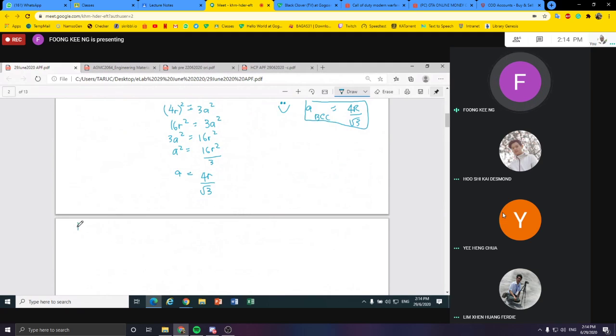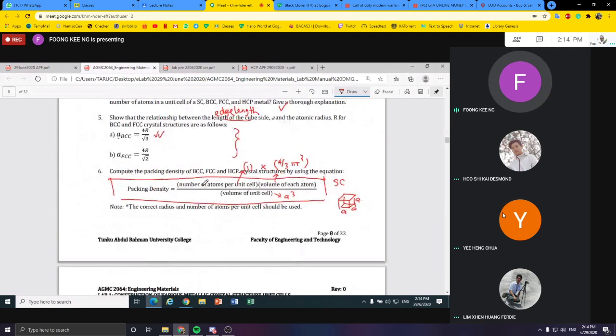So APF, go back. What's the formula for APF? Atomic packing factor: number of atoms per unit cell multiplied by volume of each atom over volume of each cell. This one you must memorize, the formula. Are you clear?